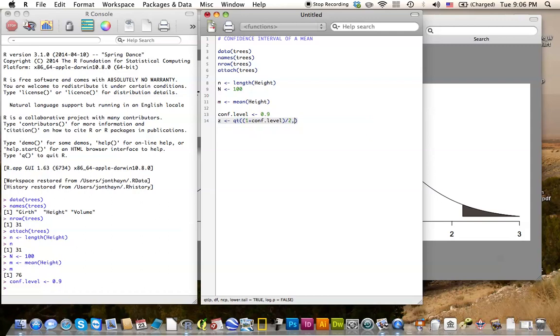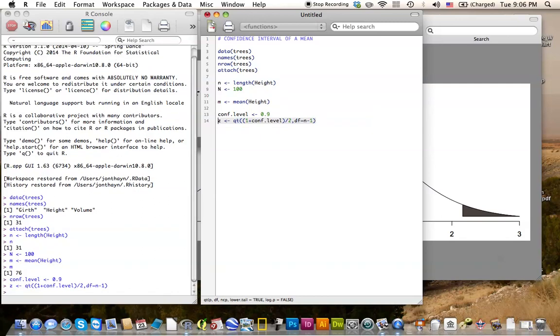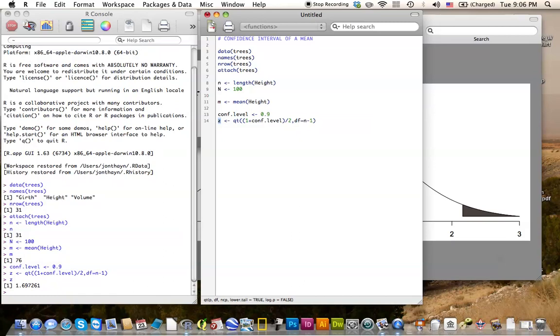So 1 plus 0.9 is 1.9, divided by 2 is 0.95. So that gets me to the 95th probability in order to establish a 90% confidence interval. Then I have to supply degrees of freedom here, which is always n minus 1. So my z-score here is 1.69.